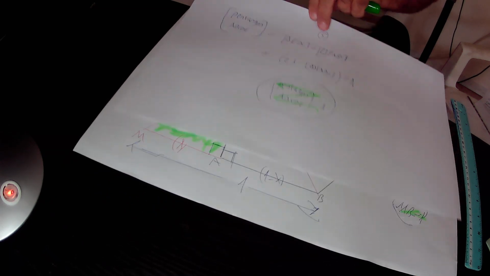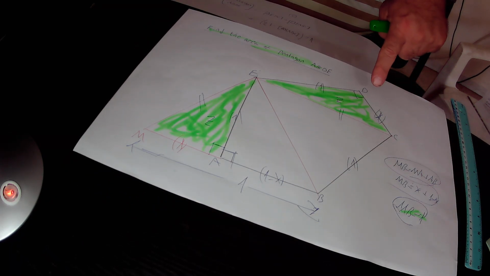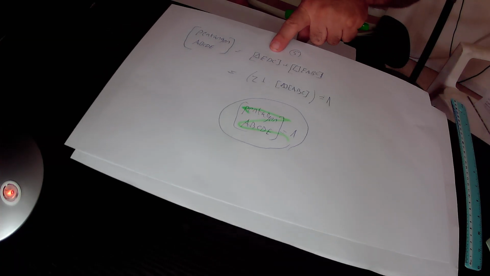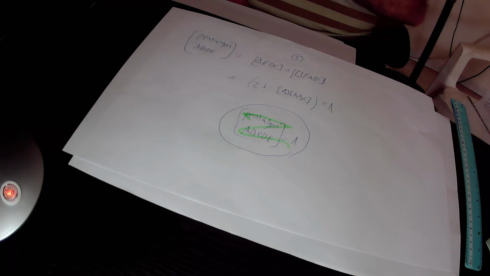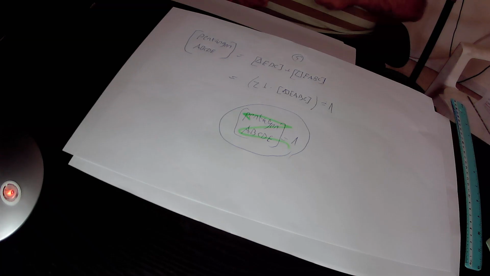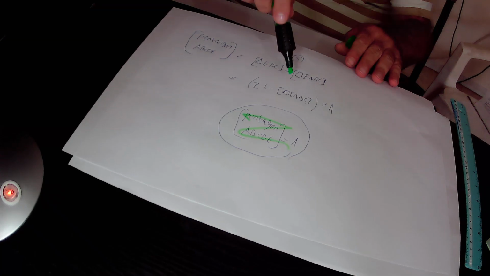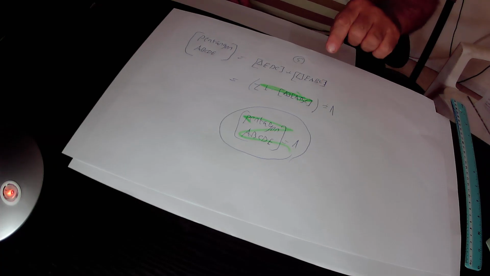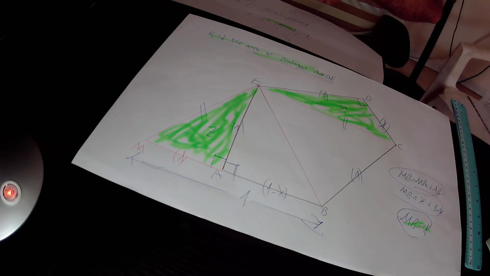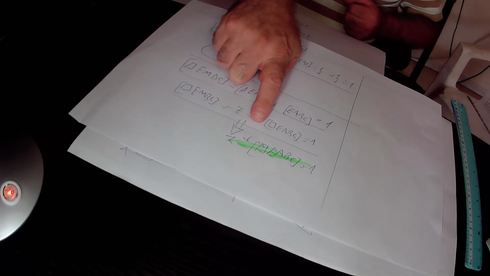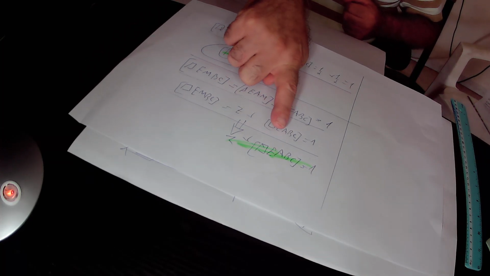We already found out that the area of the green right triangle EDC is equal to Z. So we substitute the area of triangle EDC by Z plus the area of quadrangle EABC. But we already found out that Z plus the area of quadrangle EABC equals 1.